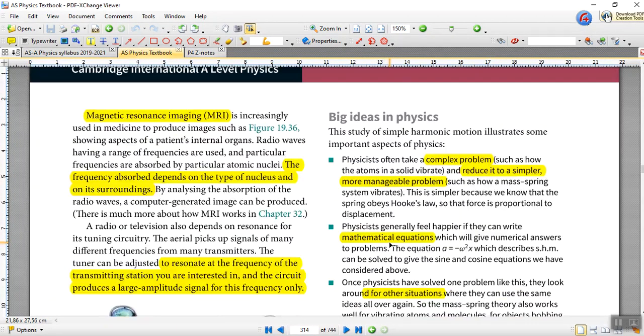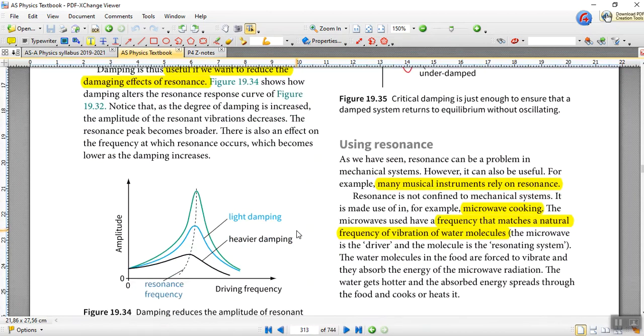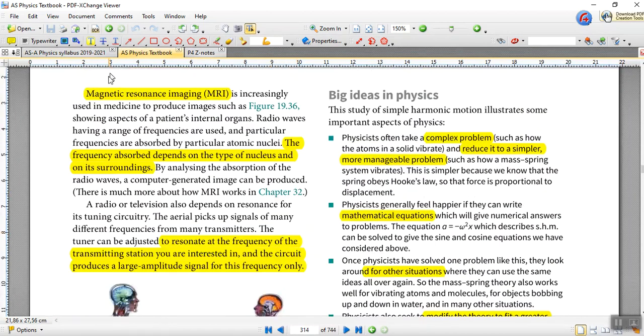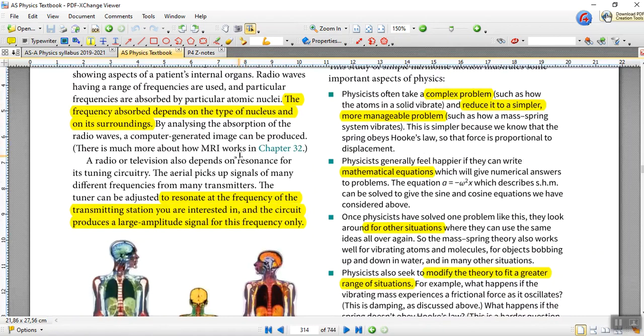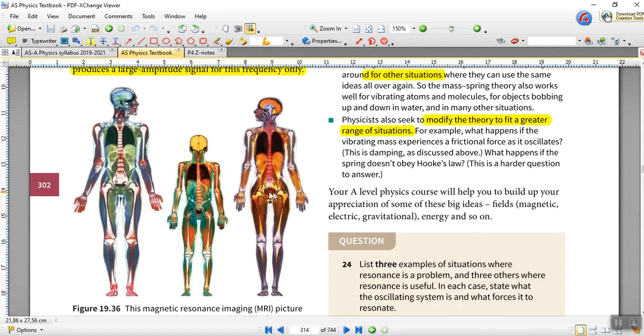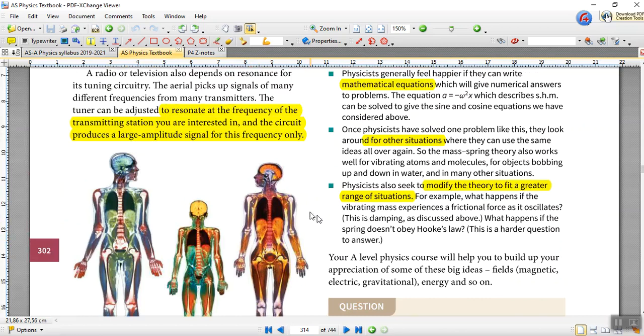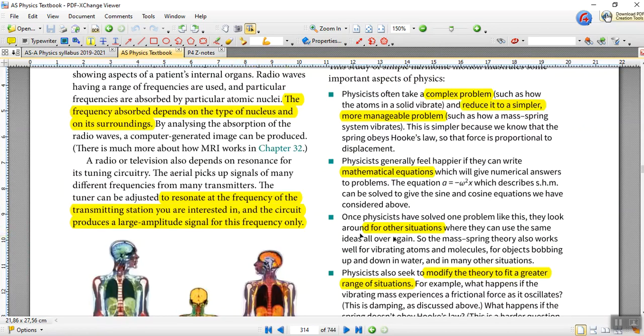There are a lot of other applications of resonance. One of them is the MRI machine, where we use magnetic resonance imaging, and we use different frequencies to make different tissues in your body resonate, creating clearer pictures of it. We're going to do a lot of this in chapter 32 when we get to medical imaging.